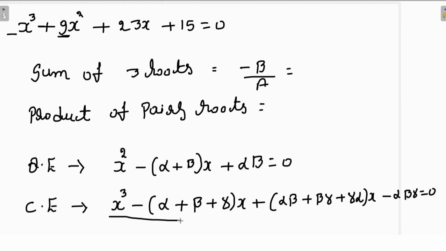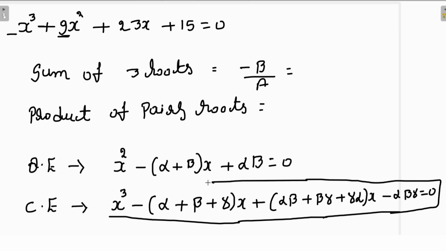We always have to write the equation in this form. For shortcut, it is the most important equation. You should remember this. This is the basics. Then the product of pairs of roots here is also c by a.